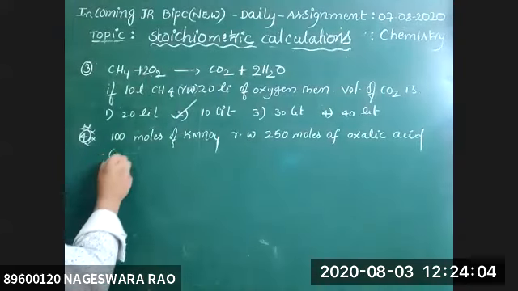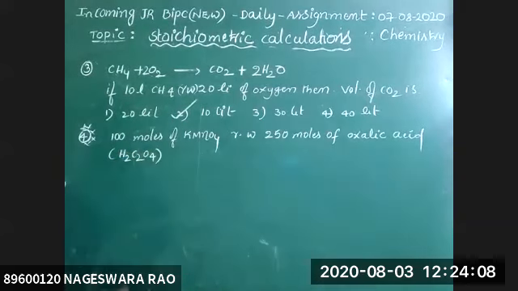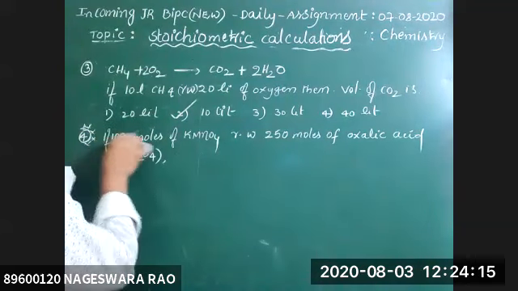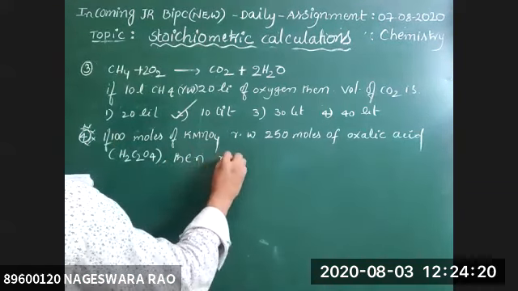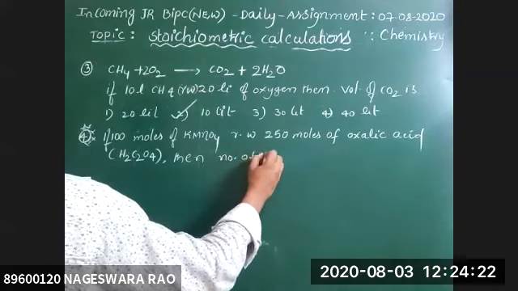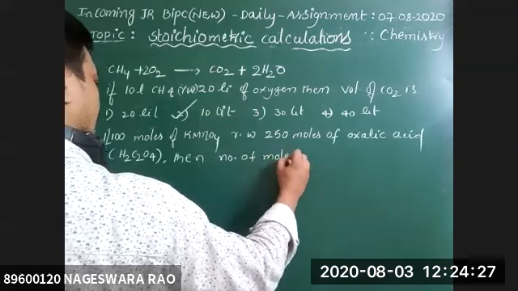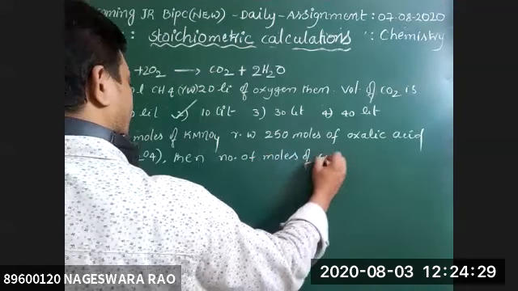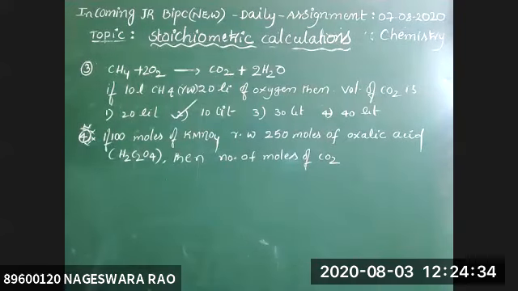The formula is H2C2O4. Find the number of moles of CO2 formed in this reaction, in acidic medium. Which medium, students? In acidic medium.